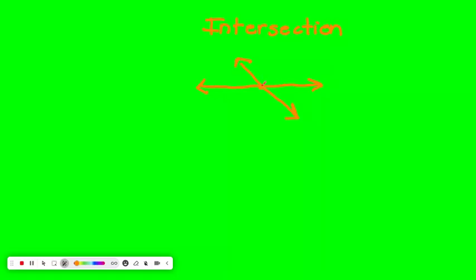Right here is where they intersect, so they're intersecting at whatever that point is. We can call it point J if we wanted to. Those two lines are intersecting at point J. And two planes can intersect. There could be a line that intersects two planes.